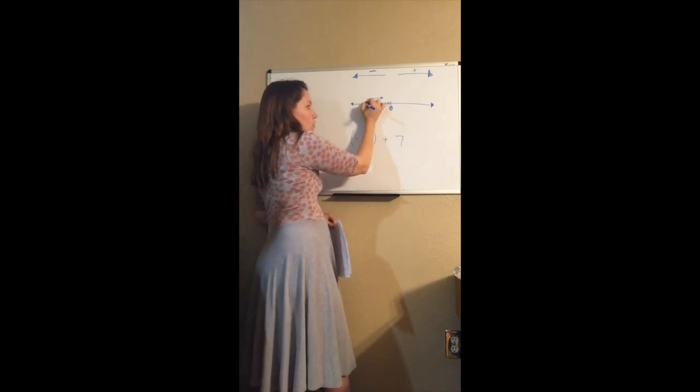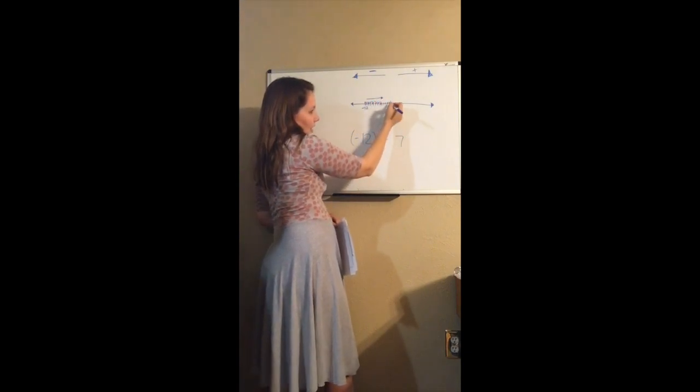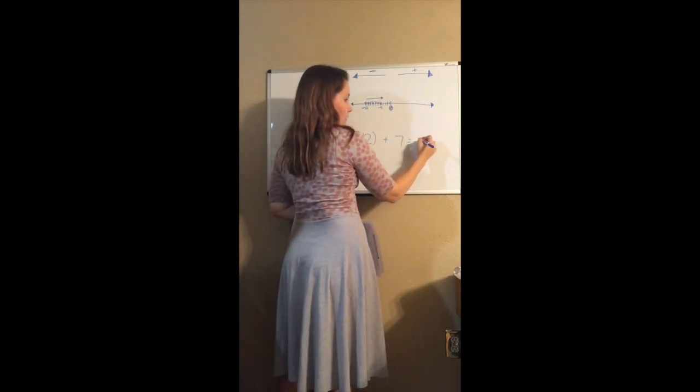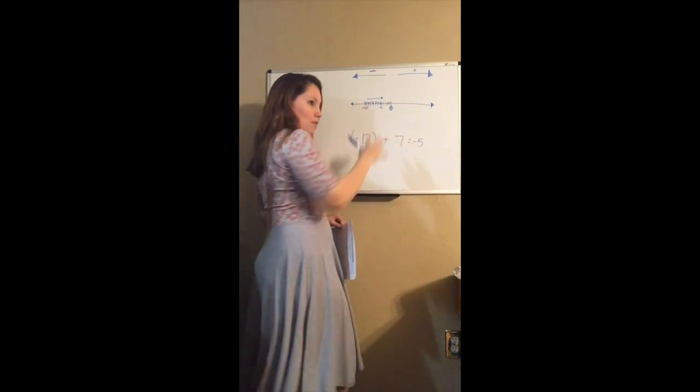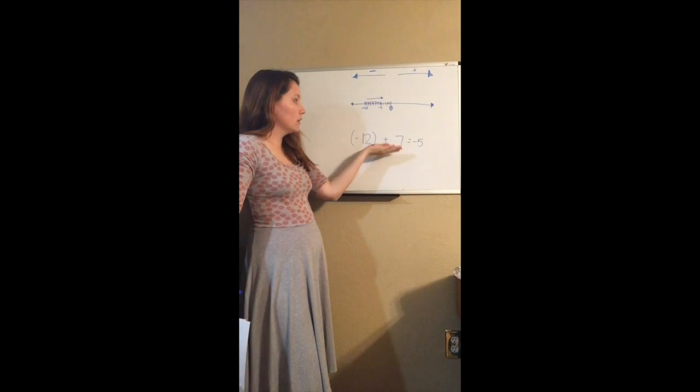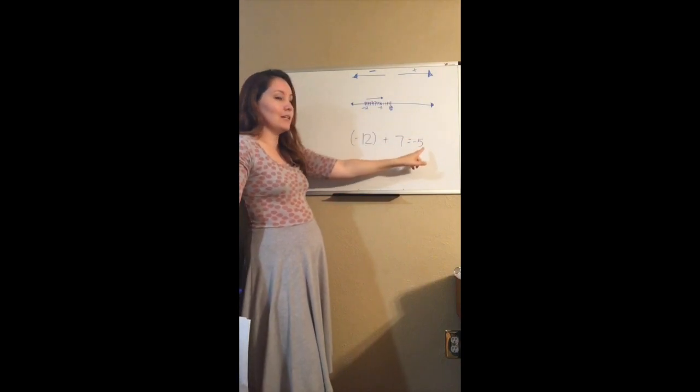So again, I'm going to go 1, 2, 3, 4, 5, 6, 7. That puts me at -1, 2, 3, 4, 5. That can help me visualize that even if we're adding a positive number, we may still have a negative answer.